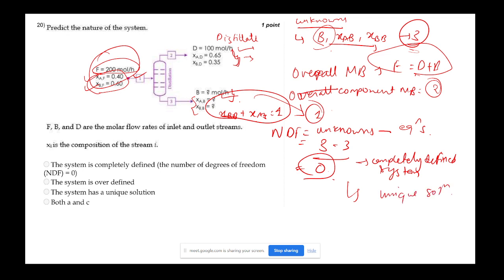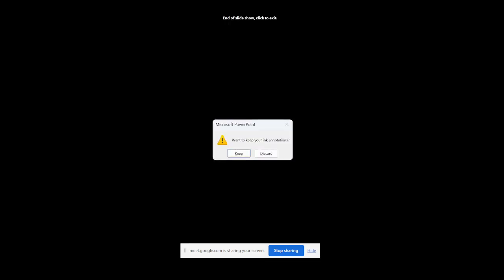Okay, so let's look into the options. It says that the system is completely defined, so it is correct. System is over-defined, which is not correct. And you have a unique solution for NDF equals 0. So both A and C are correct for this question. So the answer for this question is D, both A and C.